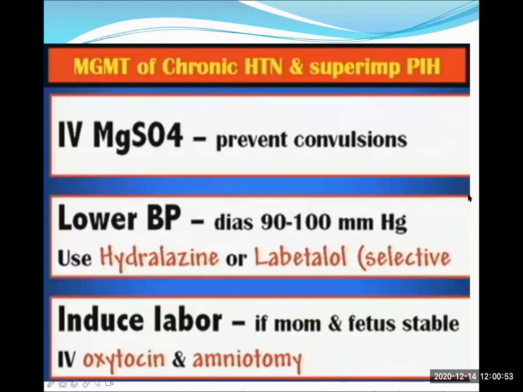Now see here how to manage chronic hypertension with superimposed preeclampsia. This slide is a summary of what we have talked about. Use magnesium. Sir, if there is pulmonary edema in severe hypertension, then what will we use for pulmonary edema? That is an excellent question.